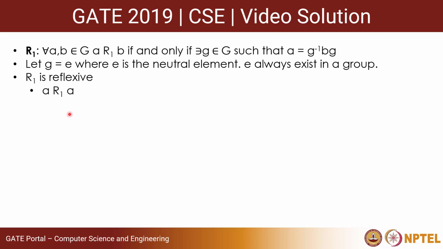Reflexive meaning a R1 a should be true. Now if I write a instead of b, then it will be a equal to e inverse a e, where g is nothing but e. Now we left multiply with e, and e inverse, as we saw in the previous slide, is the inverse, so it should give me e back.